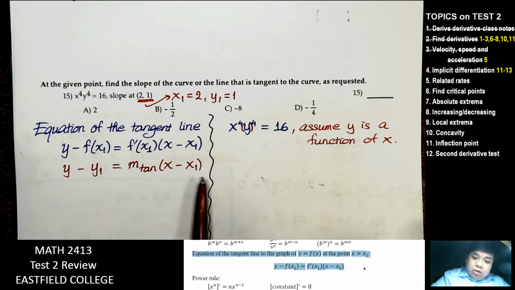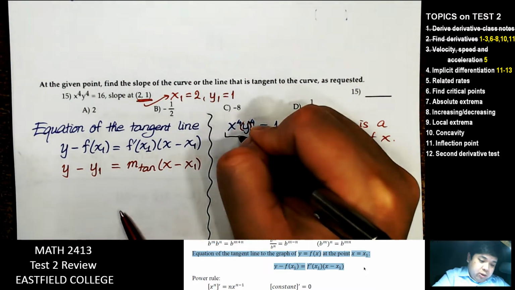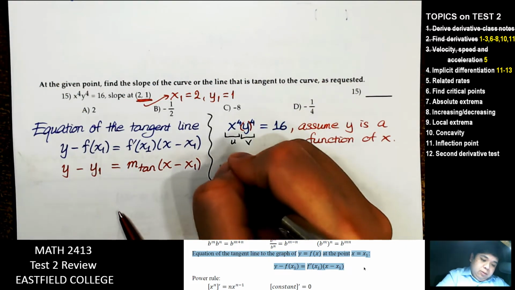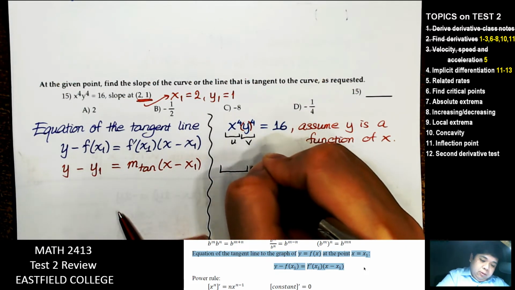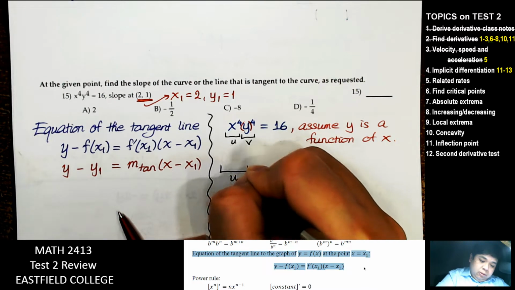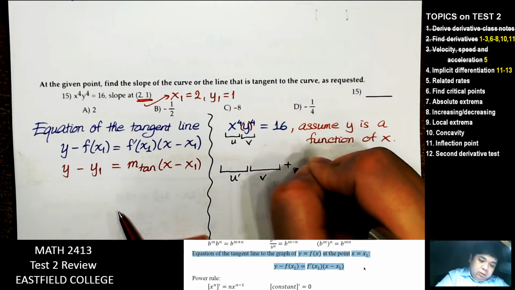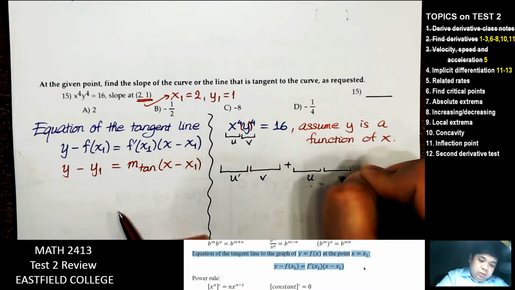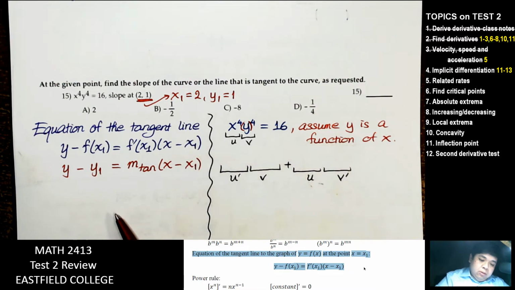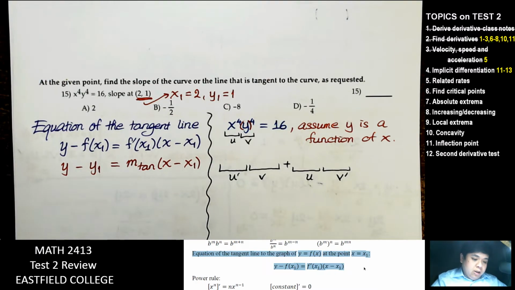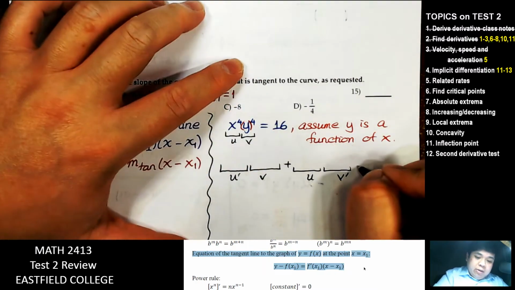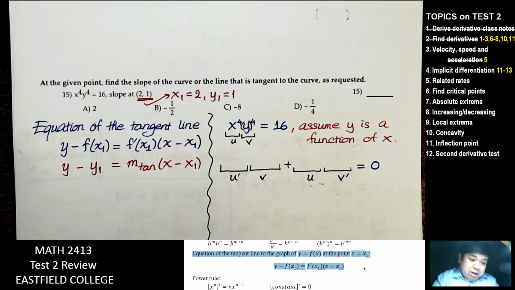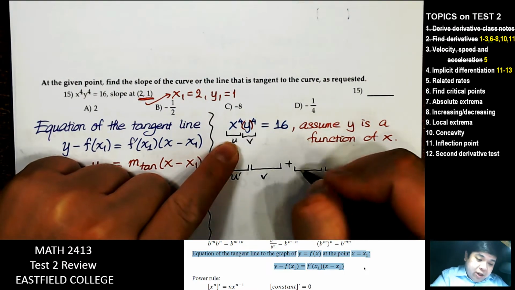That is also a product rule. And then the derivative of 16 will be just 0. Right. I will skip a few steps, and then we just say u is going to be x to the 4th.